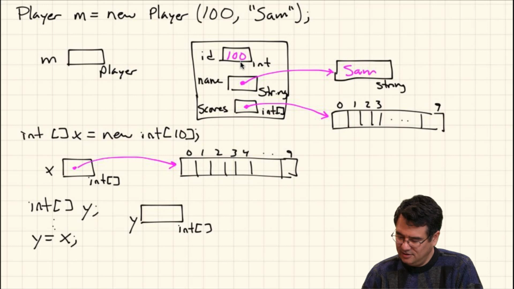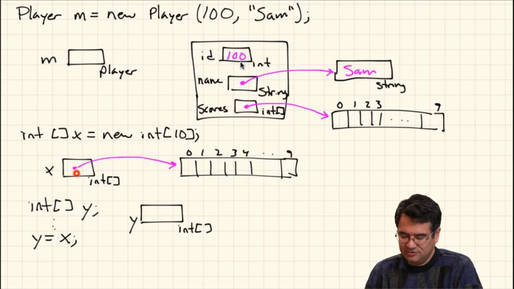Okay. And then this statement down here says, take the value out of the x box, no pun intended, take the value out of the x box and put it into the y box. Okay, so what goes in here? Well, remember what was up here. What was up here is actually a number. It's the address of this array.